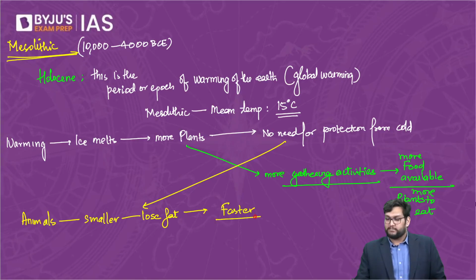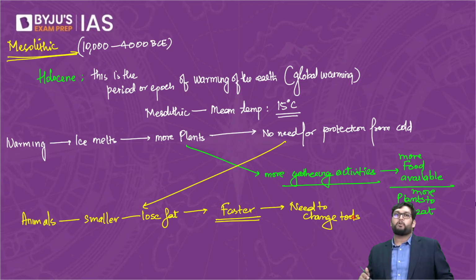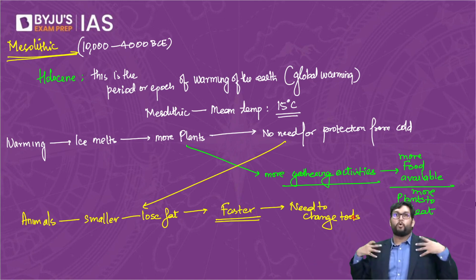And this means a need to change tools. Why do animals become smaller? Because with very warm temperatures, you don't need all of that fat. So they will shed the fat and they'll become smaller. They were big because they needed to hold the fat inside them.